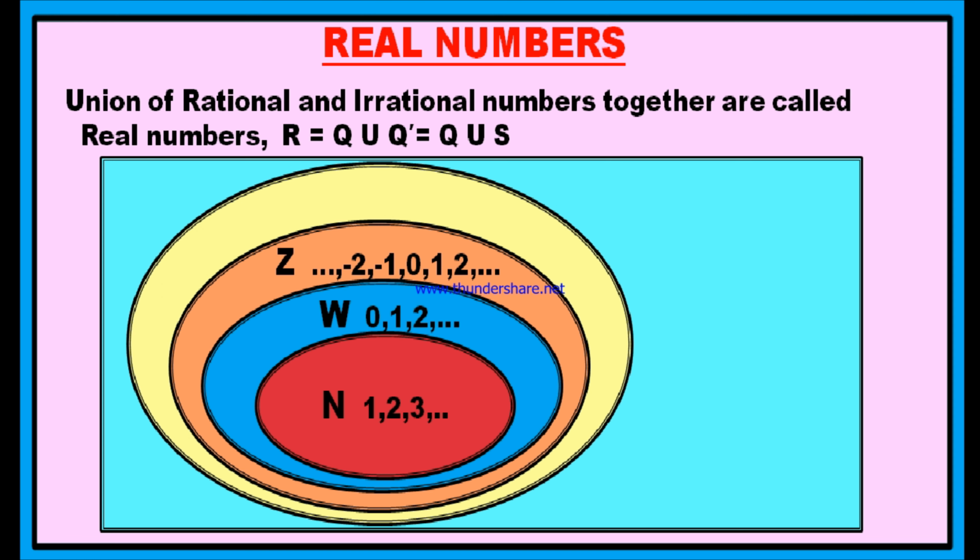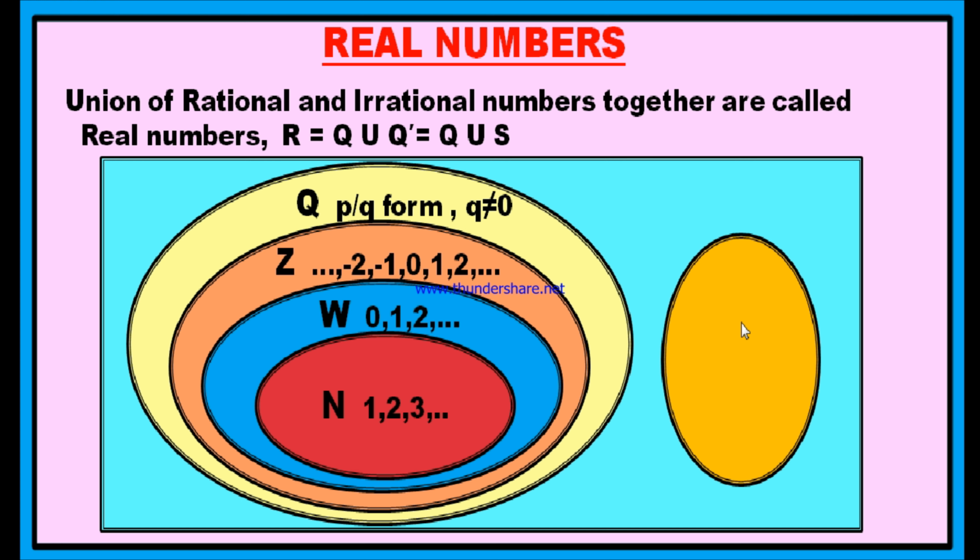And this is the set of rational numbers, which are in the form of p by q, q not equal to 0, and both p and q are integers. Every natural number is also a rational number, every whole number is also a rational number, and every integer is also a rational number. You see, the circle N, the circle W and the circle Z are parts of the total circle Q. Therefore, all these numbers are included in the set of rational numbers.